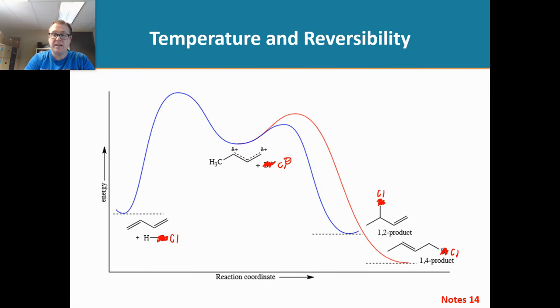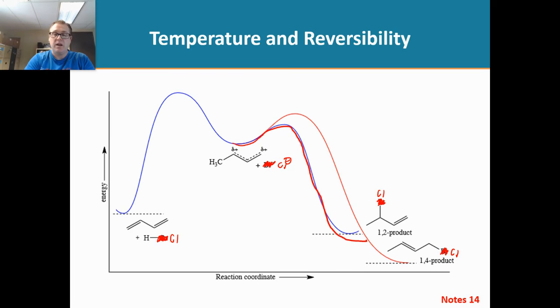The blue line is the kinetic pathway. How do I know that's the kinetic? Because look at the energy difference between the red and the blue. If we were doing this reaction, going through the blue pathway is going to be faster because it's easier to go over the blue hill versus the red hill.